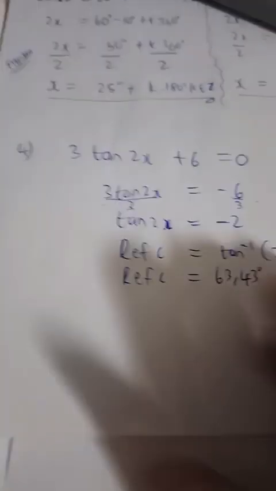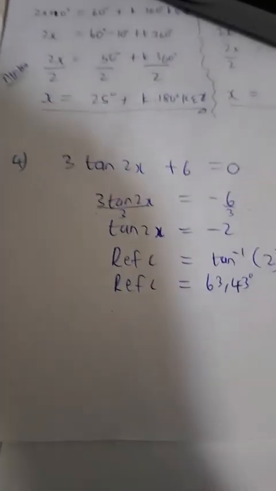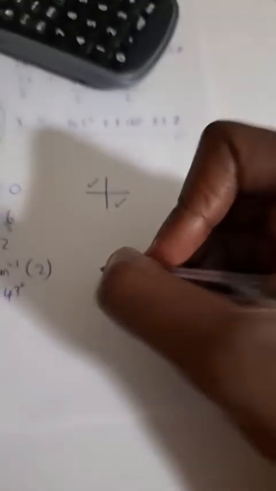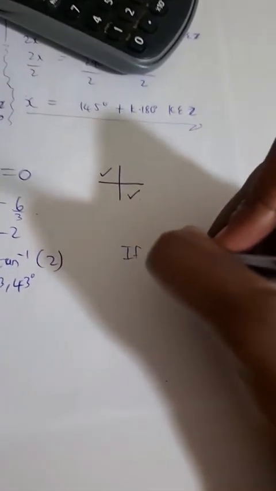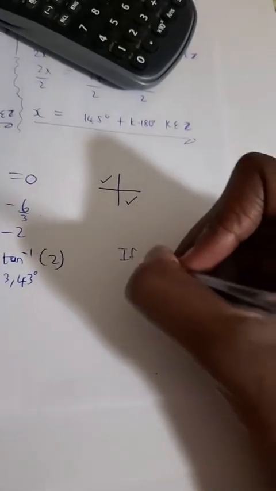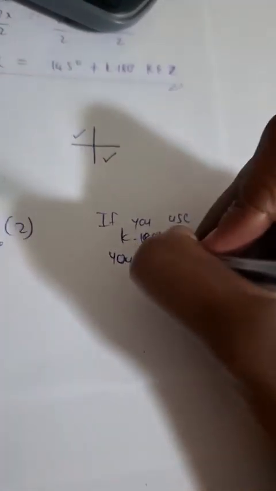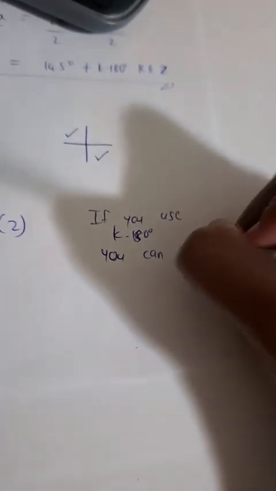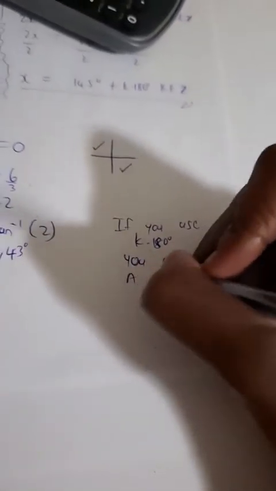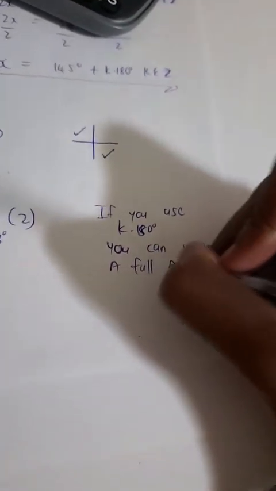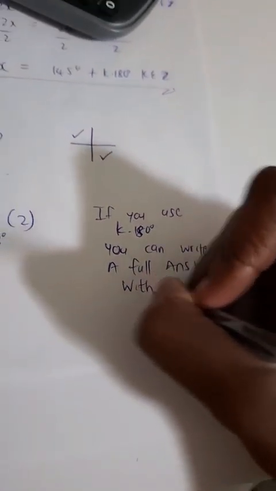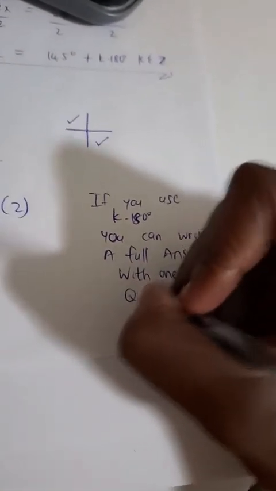Okay, then with tan, something very unique here is that if you use k of 180 degrees, you can write a full answer with one quadrant.